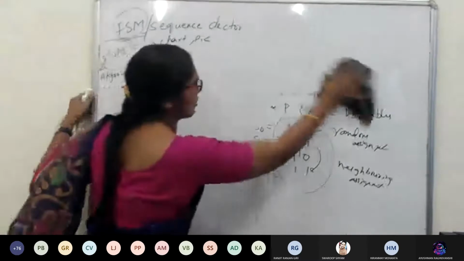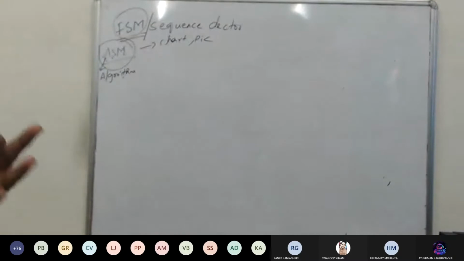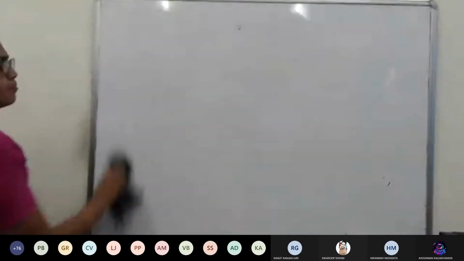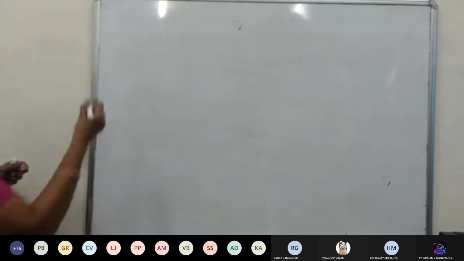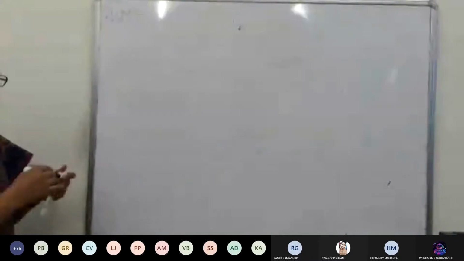Now, how to prepare a flow chart? I don't want to discuss the state machine right now, but in a flow chart, what exactly is the flow we follow? You might have done it in the first year, with C programming or something.